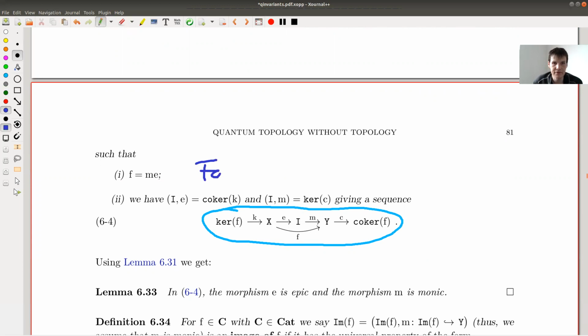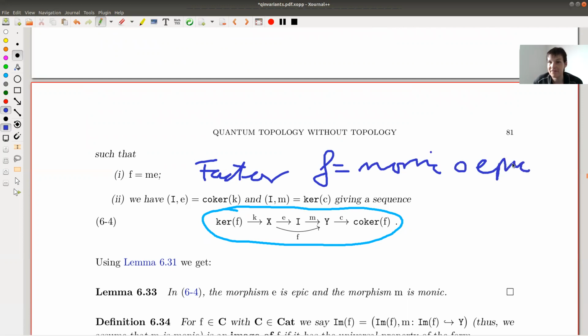Let me just write it differently. Factor F as monic circ epic. This is a really bad circ, little circ. Monic epic factorization.